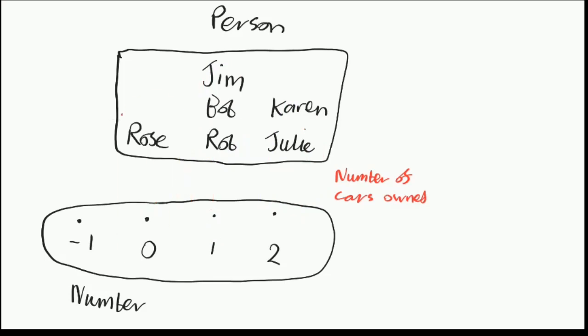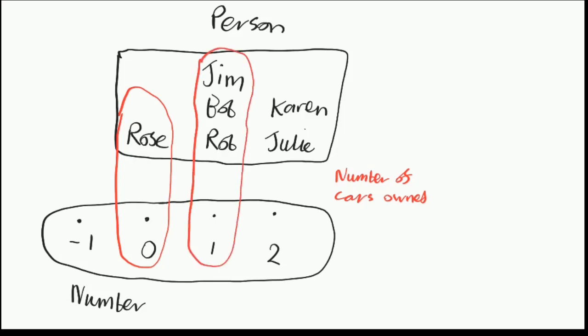And that is to think of there being a sort of stalk or fibre coming up from 0, which holds all of the elements that get mapped to 0. And there's another stalk coming up from 1, which holds Jim, Bob and Rob because they get mapped to 1.